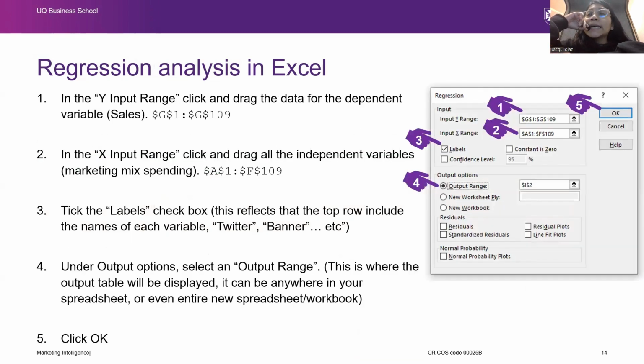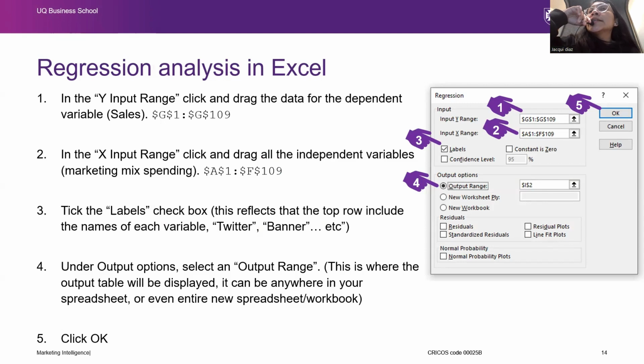Once you click on OK, you will have this small box on your screen where you need to select the input y range and the input x range. And if you have selected labels or titles of your data, you need to tick Labels, like the number 3 that you are seeing here.